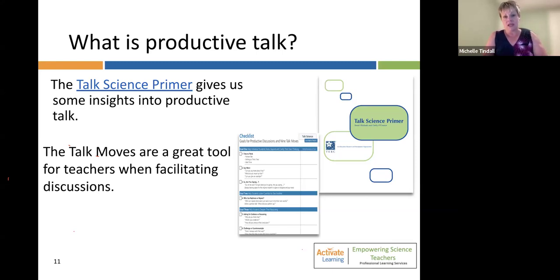It's very important that students have these tools and teachers make use of them as well, so that discussions become rich and productive in moving the science thinking forward. If you need information about this, I will share a link for our resources for tonight, so you'll be able to take a look at those as well.